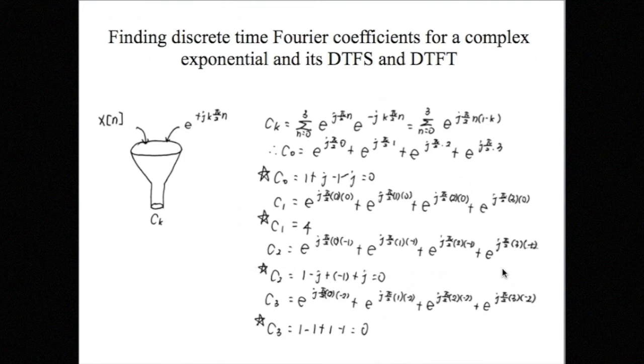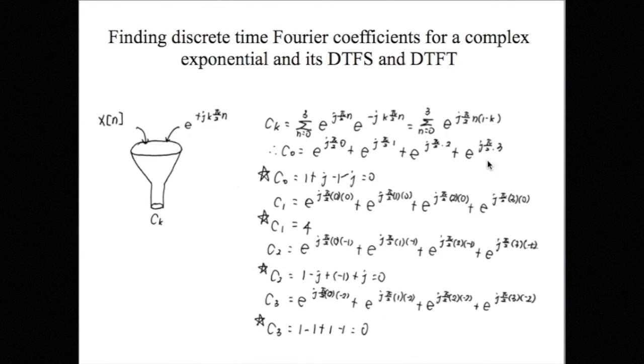The expression of the inner product of x of n and e to the power of j k omega 0 n is c k equals the summation of e to the power of j pi over 2 n times e to the power of negative j k pi over 2 n, which equals the summation of e to the power of j pi over 2 n times 1 minus k, where n is from 0 to 3.